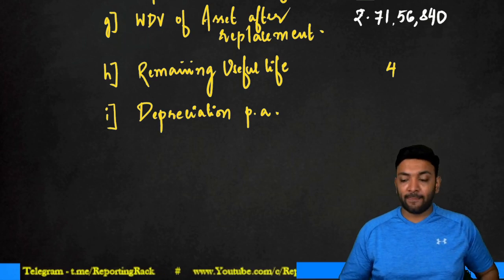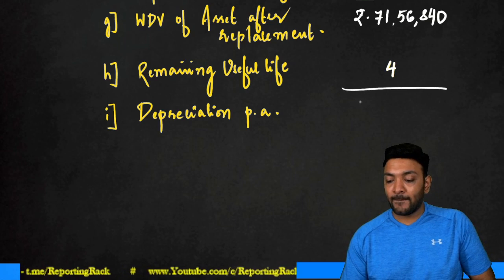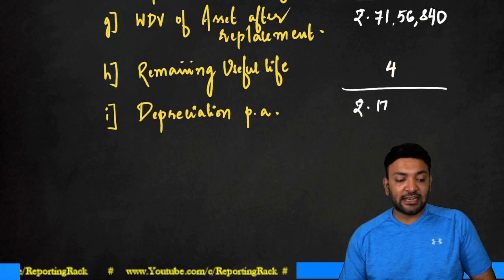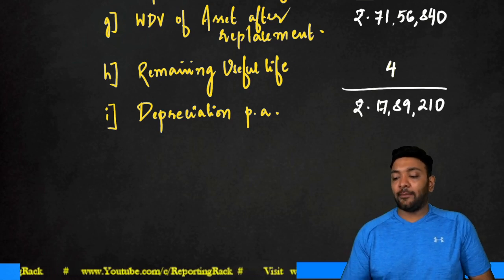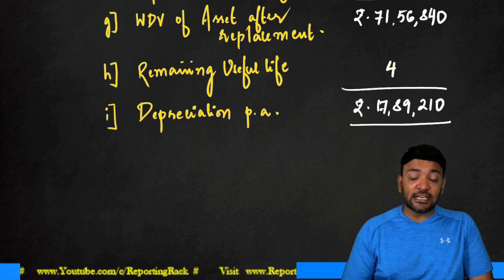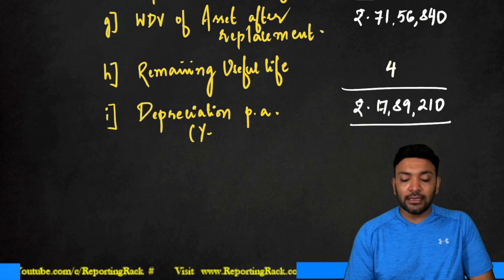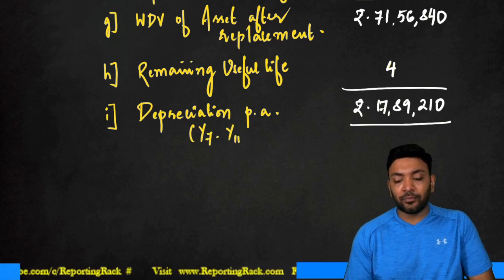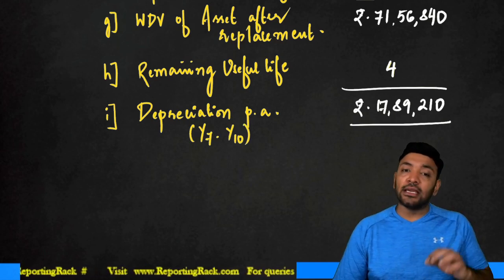The answer is 17,89,210. That is the revised depreciation per annum to be charged starting from year 7 to year 10. This is only for 4 years from year 7 to year 10.